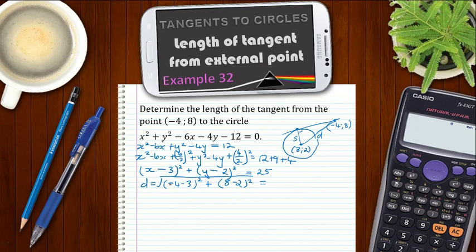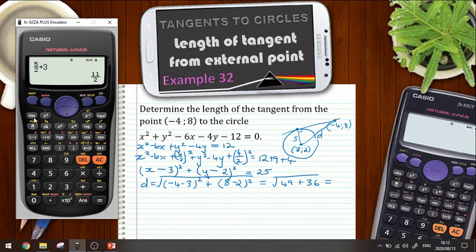And here we'll have minus 7 squared, so that's 49, plus 6 squared, which is 36. Okay, let's just work that out on the calculator. Square root of 49 plus 36 gives us 85, square root of 85.